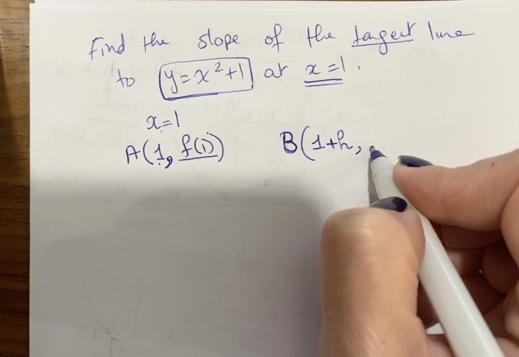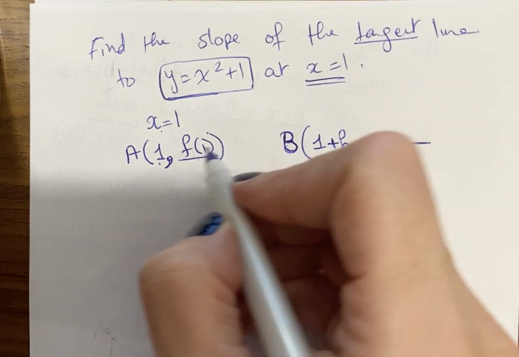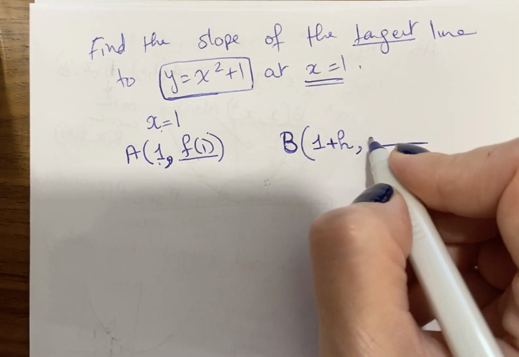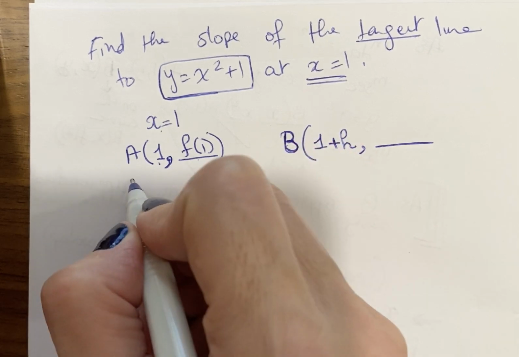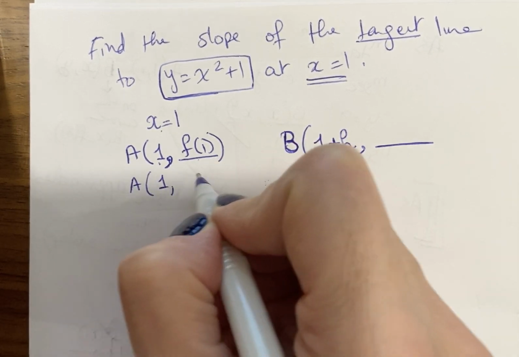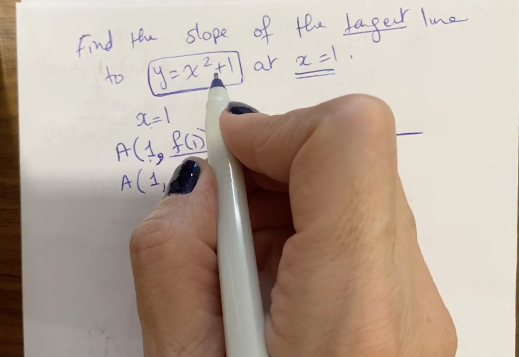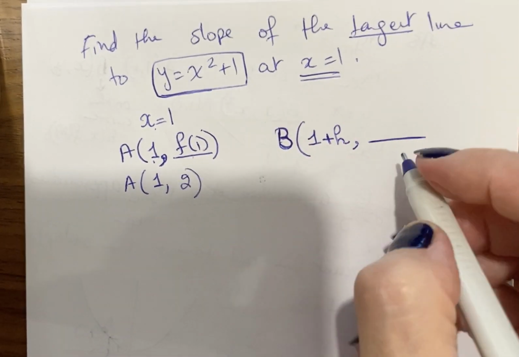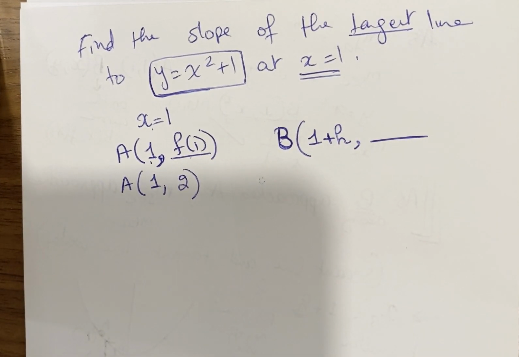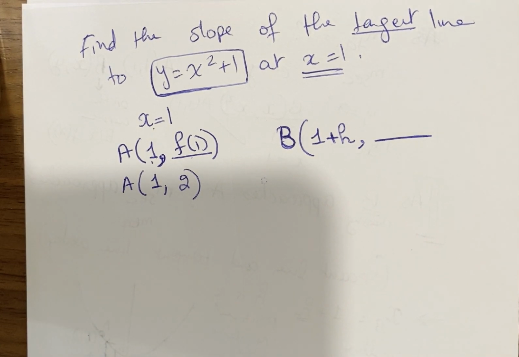The common mistake here is that students write f of 1 plus h. This is not the case. They write the value here, the answer. So what's the answer here? f of 1 is 1 squared plus 1, 2. What is the common mistake that students do? Let me write it in red, because all common mistakes, I'm writing them in red.